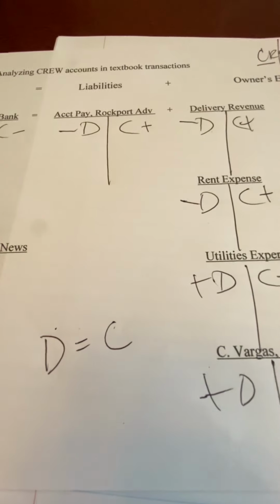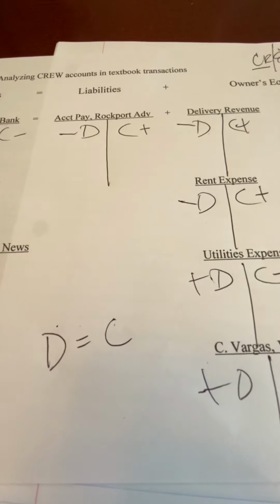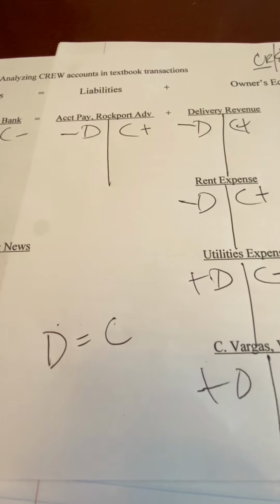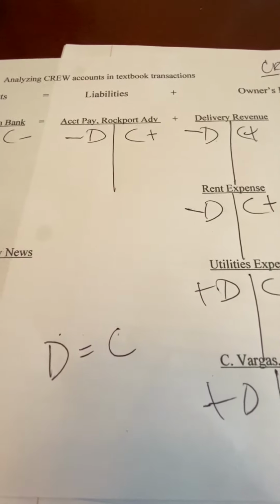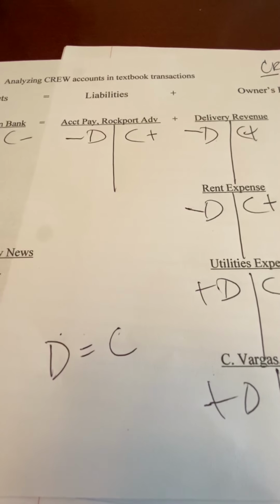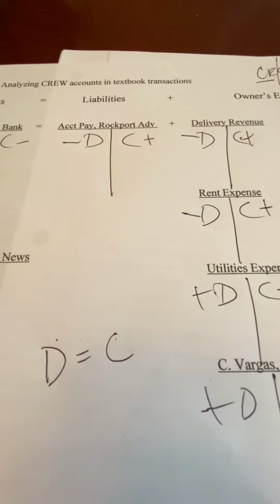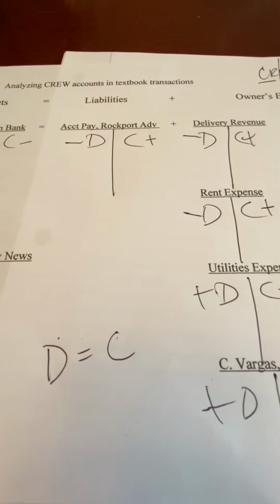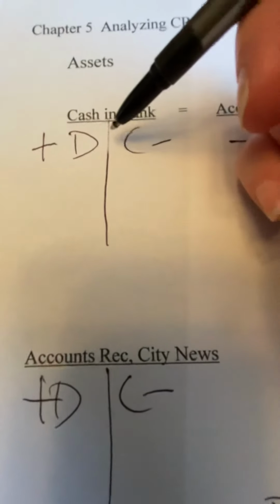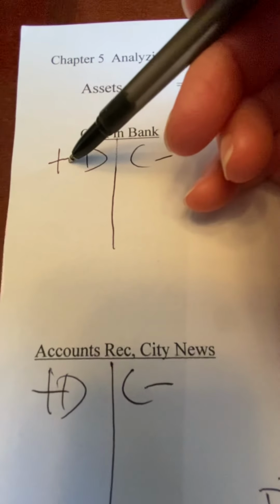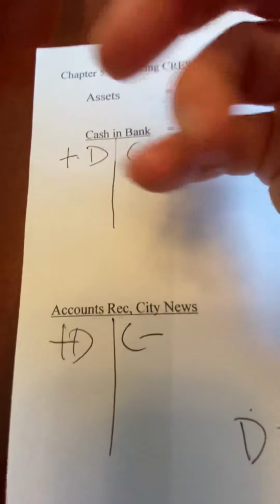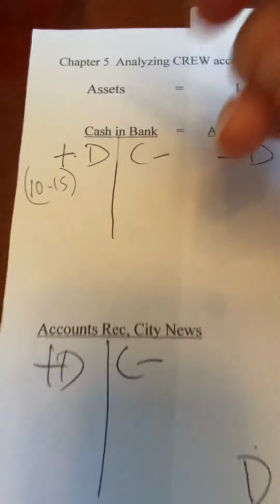Our first transaction says that on October 15th, we provided delivery service for Sims Corporation. A check for $1,200 was received in full payment. Now we're putting our actual dates down. So I'm going to go to my cash in bank. If we're receiving, I record it on the debit side, and I've got to use my dates now.